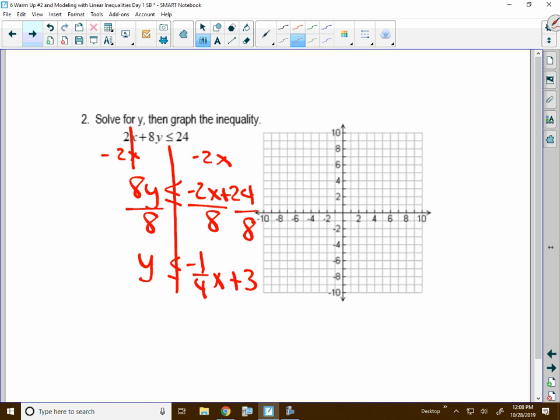And 24 divided by 8 is 3. Okay, solid or dotted line on this one? Solid line. And where am I going to shade? Below. Y is less than.